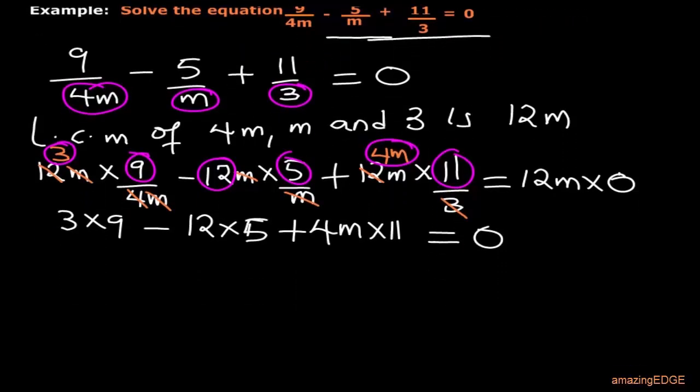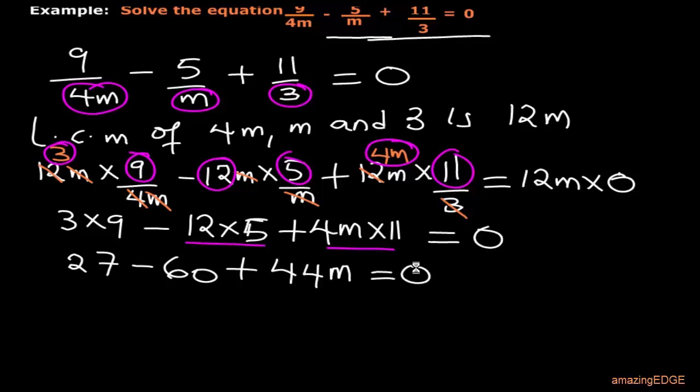So we continue. Here you have 3 times 9 will give us 27, minus 12 times 5 will give us 60. Then have your addition, 4m times 11 will give us 44m. Everything is still equal to 0.